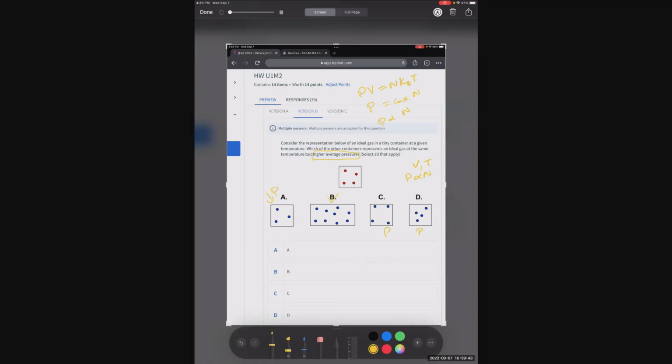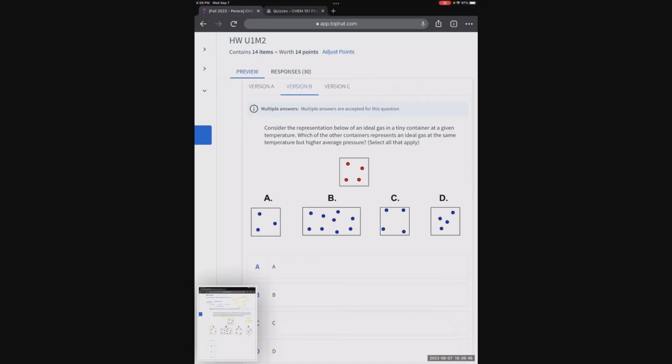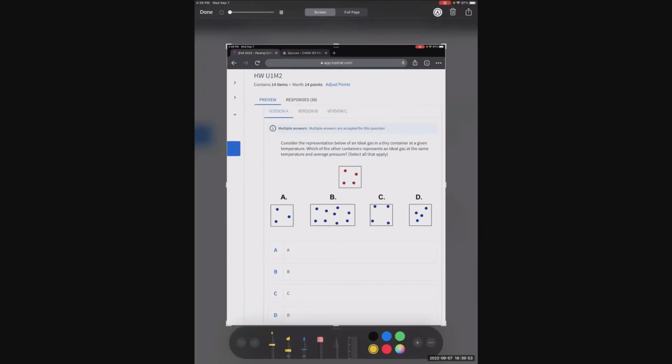Okay, let's try another one. Let's say version A. Version A says we have the ideal gas, same situation, but which of the other containers represents an ideal gas at the same average pressure?